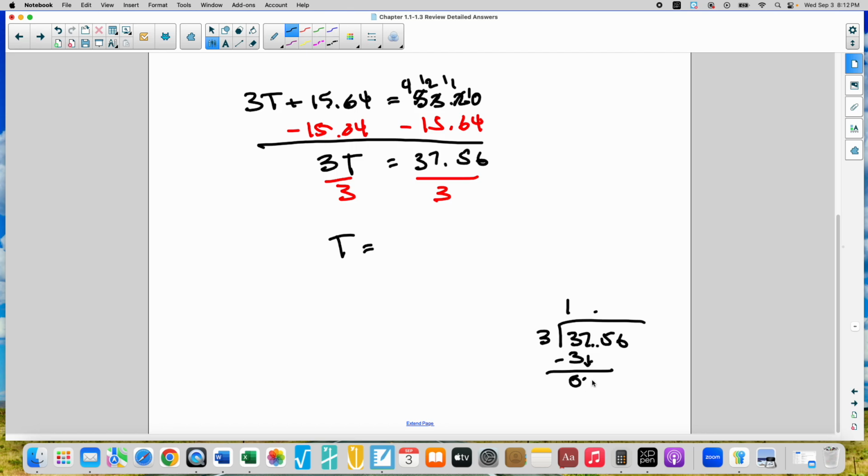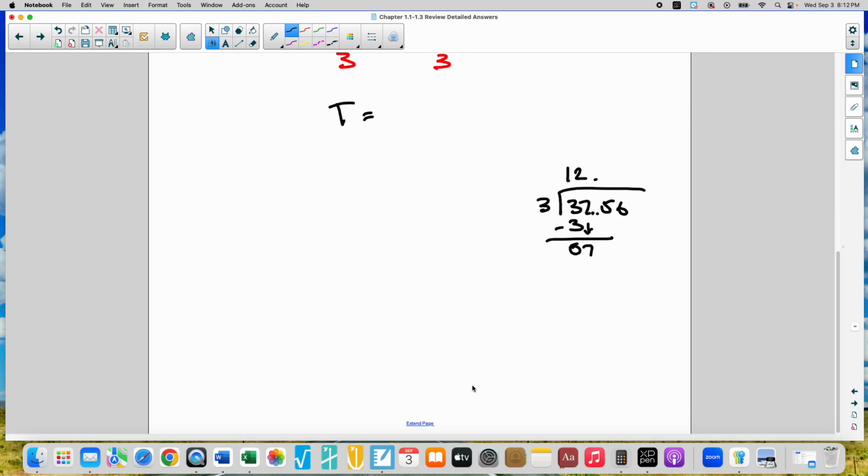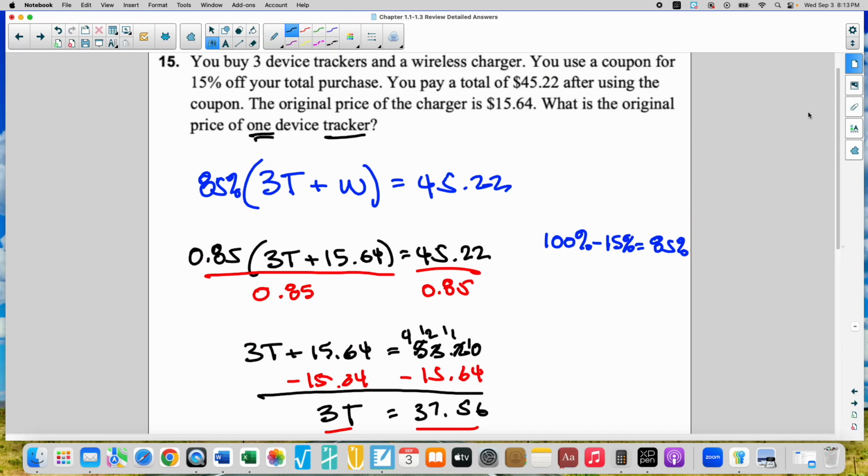Bring down the 7. 3 goes into 7 2 times. 2 times 3 is 6. 1. Bring down the 5. 3 goes into 15 5 times. Bring down the 6. 3 goes into 6 2 times. So each tracker costs $12.52.